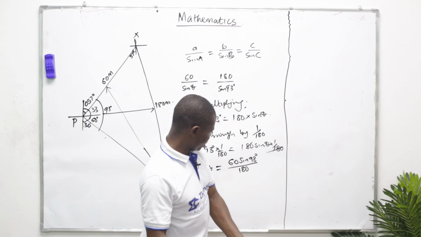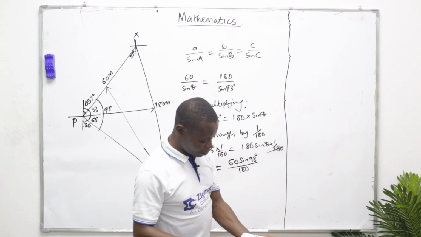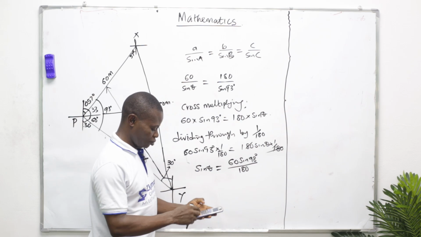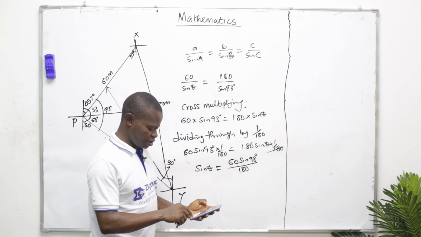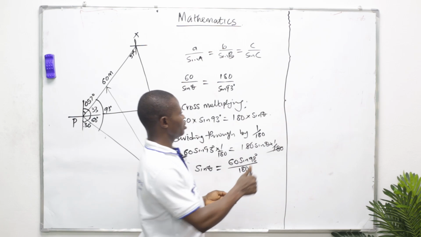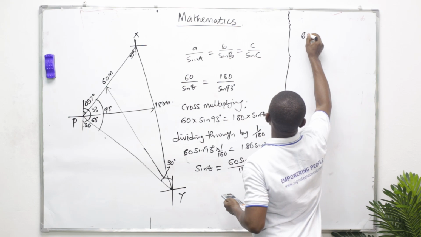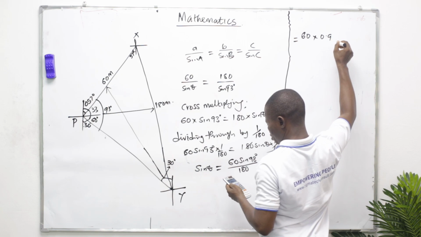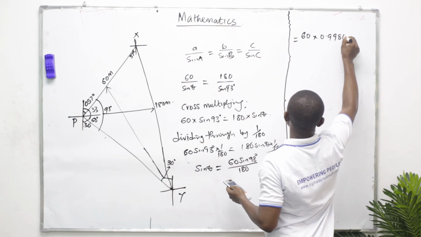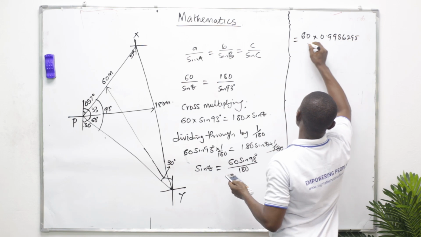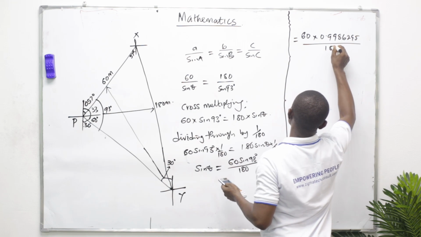So let's check what we have. For sin 93 degrees, that's 60 multiplied by 0.9986295 all over 180.